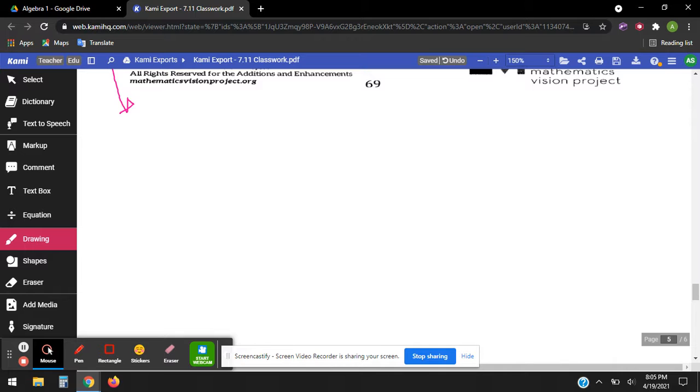I'm going to go ahead and write a parentheses x plus b over 2a squared plus, and I had 4ac minus b squared over 4a. That has to equal 0. So my first step is to add this to both sides. I'm not going to rewrite all that.